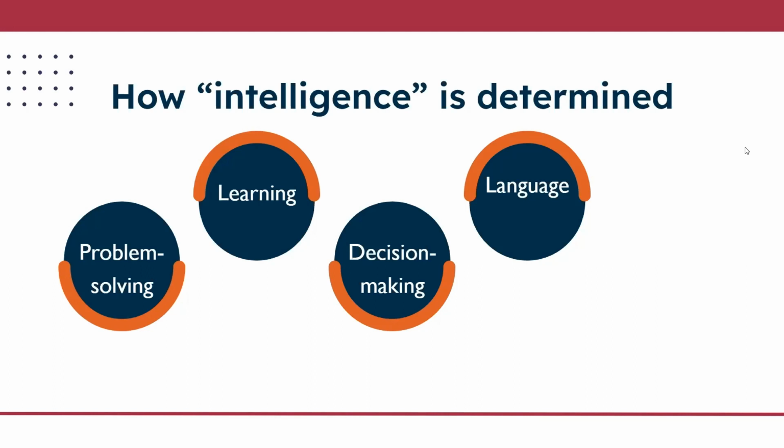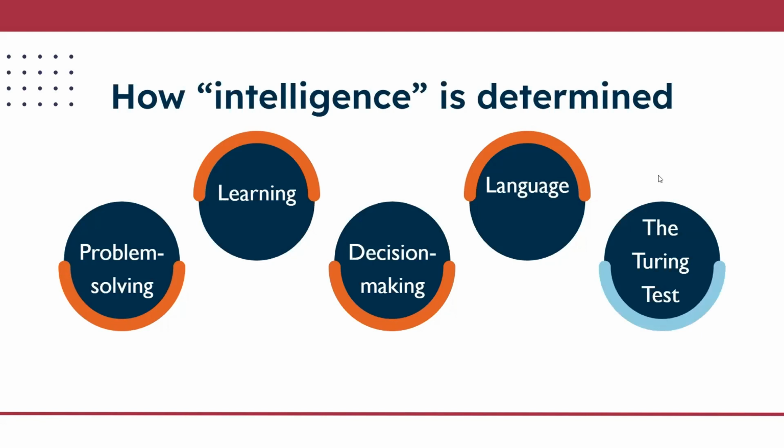These are some of them, not all of them. I'm not a computer scientist. I know just enough to be dangerous, but it would look for problem solving. Can it solve problems? Can it learn and develop knowledge? Can it make decisions? Can it understand and use language, right? So these are some things that they look for to say whether something is demonstrating artificial intelligence.